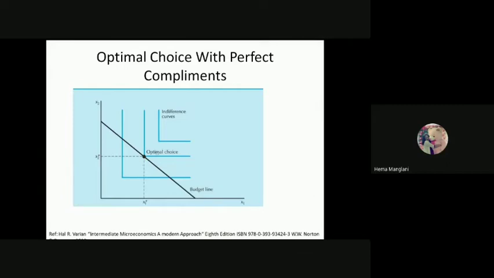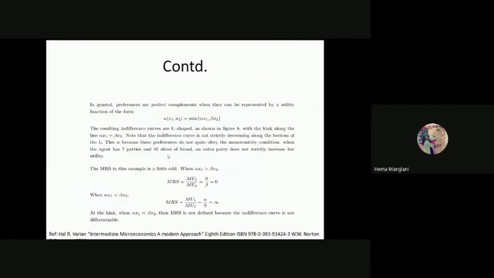So of course this is an optimal choice, because once you are here you would definitely be consuming both. If you are somewhere here or somewhere here, you cannot define your MRS. Still you cannot define your MRS because substitution is not present, or we say the substitution degree is zero.